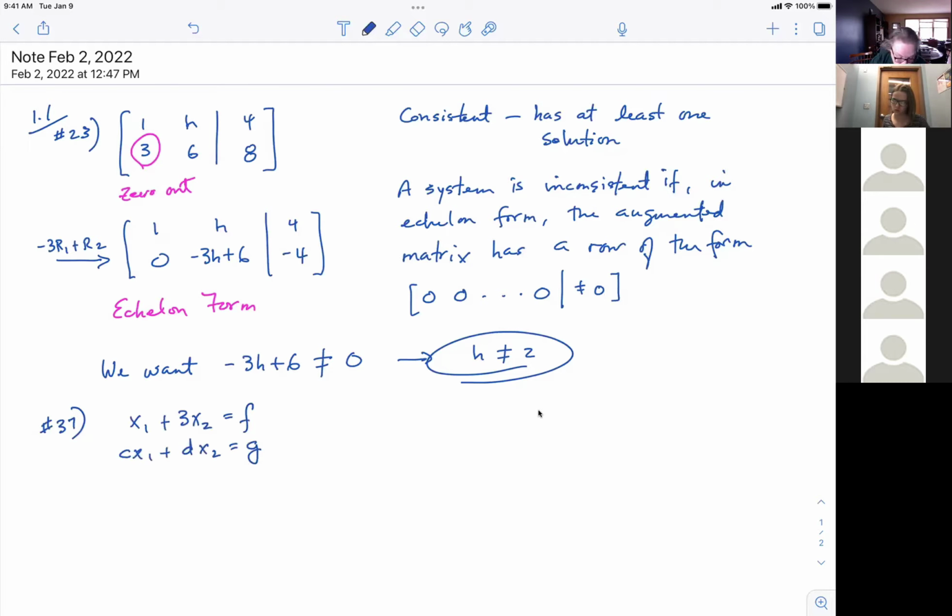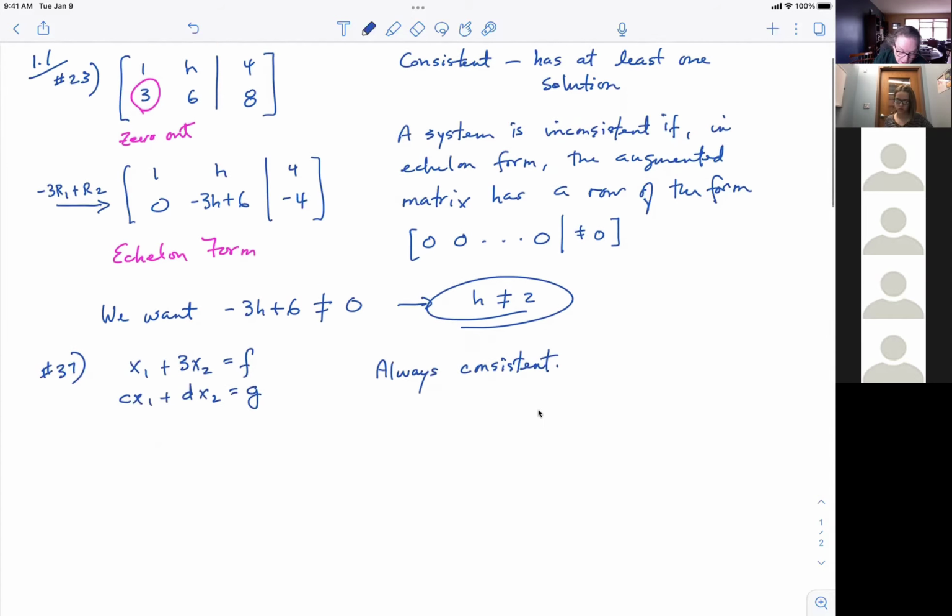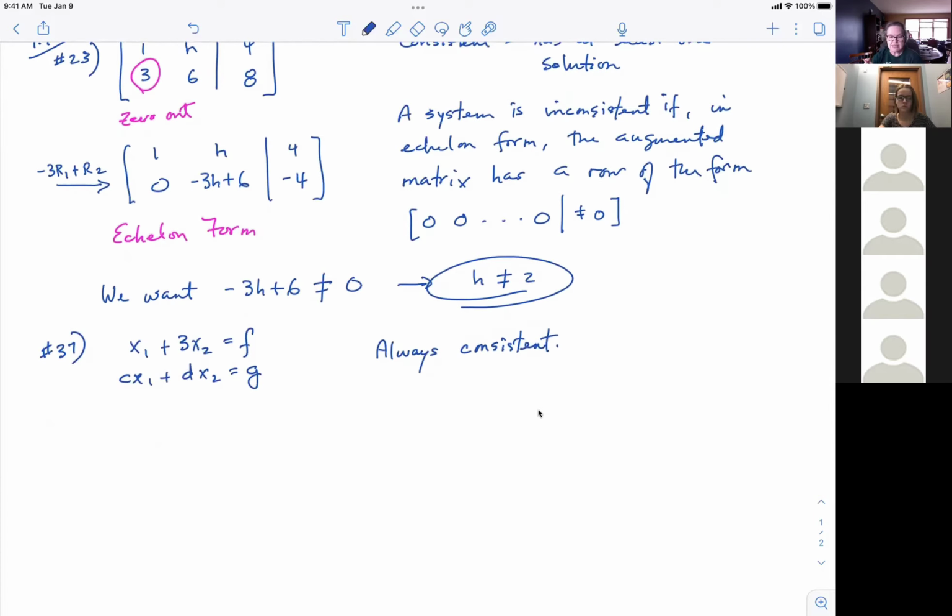So the problem tells us this system is always consistent. What does that tell us about c and d? Again, we approach it the same way we did the previous problem, where we put it in a matrix, and we're going to put this in echelon form.